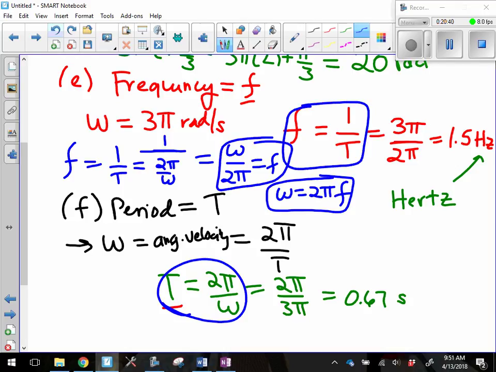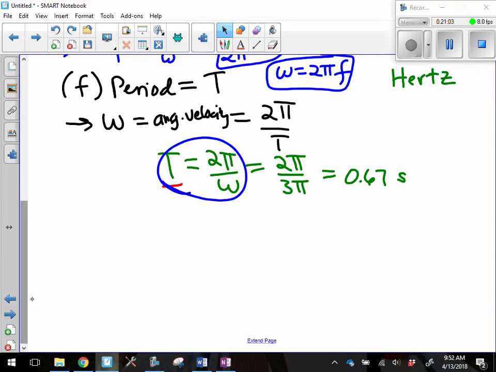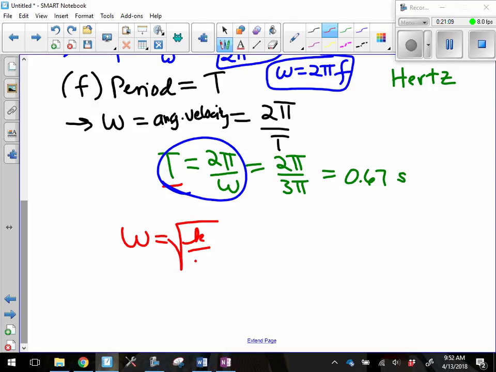I've already circled that one. So there's a lot of different ways to get to what the answer might be. And since we're talking about omega, remember that we said that for a mass on a spring, omega is equal to k over m.